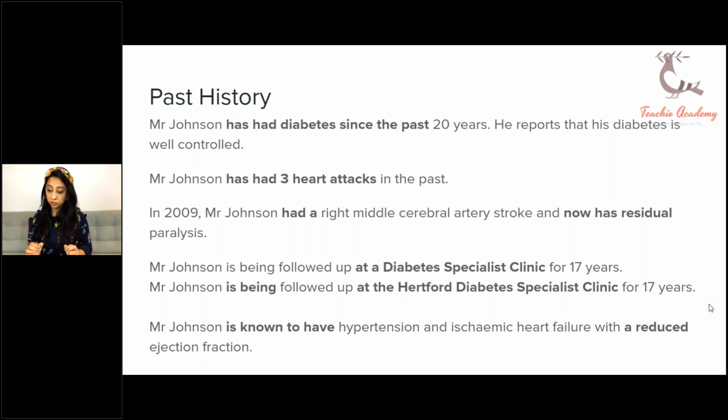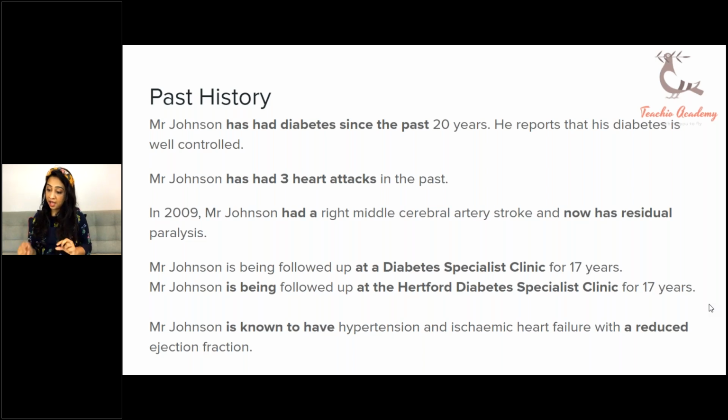Now there's an exception to this, which is the second line. Has had 3 heart attacks in the past. If you've had multiple events of the same thing, like the 3 heart attacks that the patient has, you're going to write Mr. Johnson has had 3 heart attacks in the past, or Mr. Johnson has had 3 strokes in the past, because there are multiple events of the same thing.